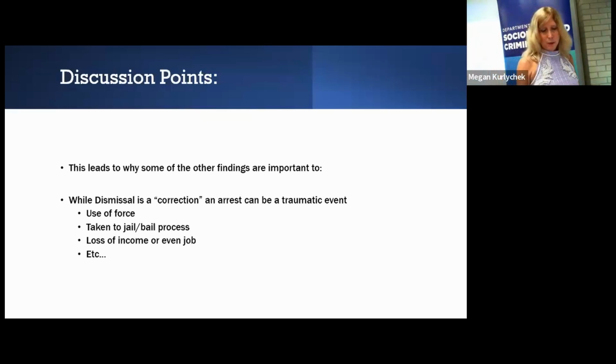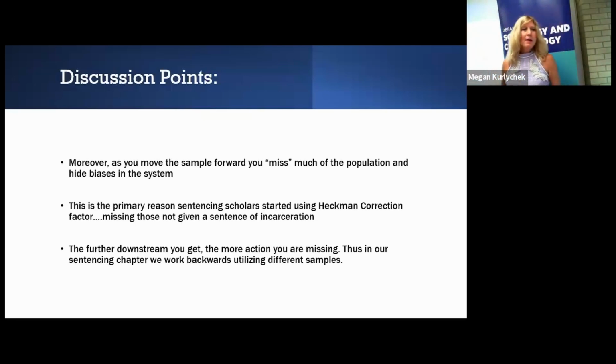And again, as you move forward, if you miss a lot of this population, then when you just look at the back end, you might not find the disparities that actually exist because it's already been baked in the front end. And we find this a lot also with prior record. We're finding it's not enough just to control for prior record because it's so endogenous with race in our sample that controlling for it doesn't fix it.